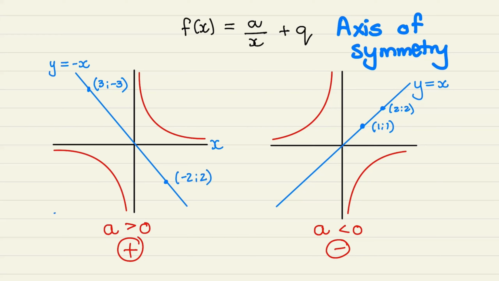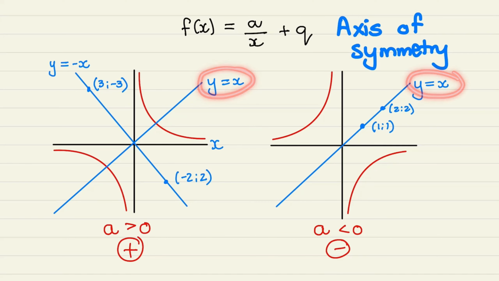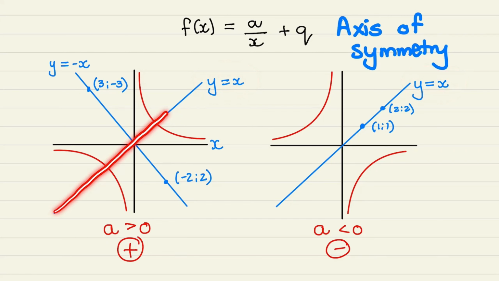But I can also add another axis of symmetry in our first diagram. And this line is where y is equal to x, exactly as in our second diagram. Now what happens here is, if I fold the graph over this y = x line, then the top part of the graph in quadrant 1 would fold exactly on the bottom part in quadrant 1.